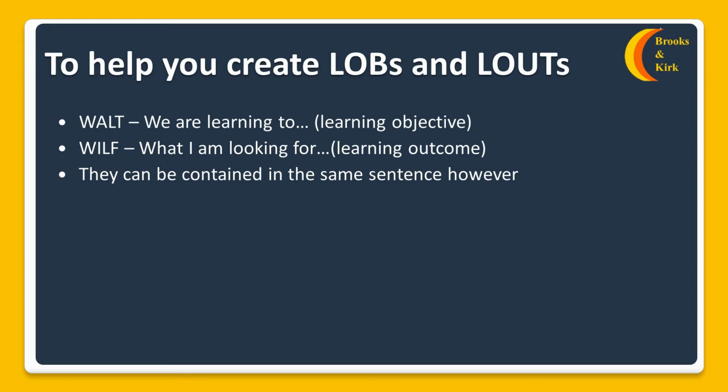WILF, again, what I'm looking for, helps you to build those learning outcomes. So again, if you're struggling to dictate exactly what the learner should be doing, you can use that starter sentence to help you. As you become more proficient and more familiar with creating learning objectives and learning outcomes, you'll probably like to combine the two, learning objective and outcome, within the same sentence.